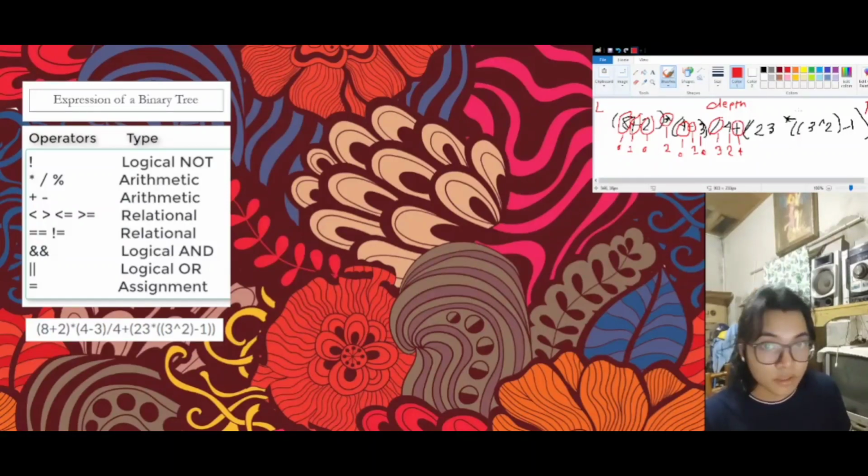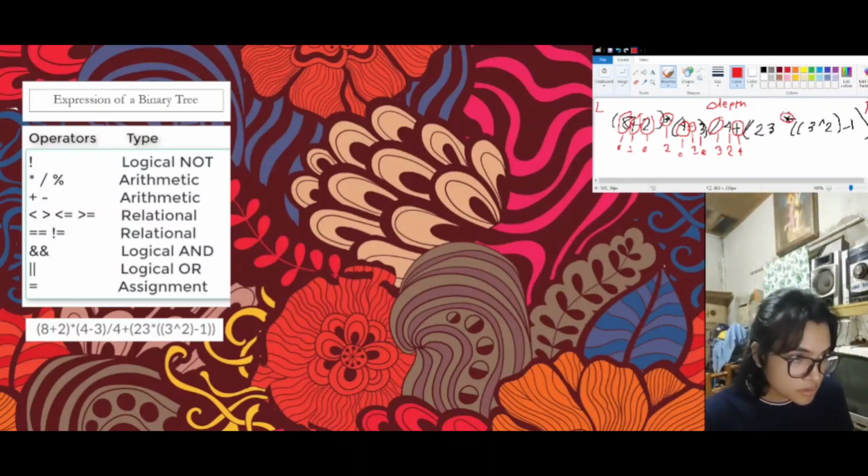Now let's look at the next operator here. It is actually multiply, because this is next to the plus. Since it is in a parenthesis and has a higher precedence, we are going to deduct it by 1. So this is going to be 3, and since this expression is going to be multiplied, it's going to be deducted by 1 also. So it's going to be 2.